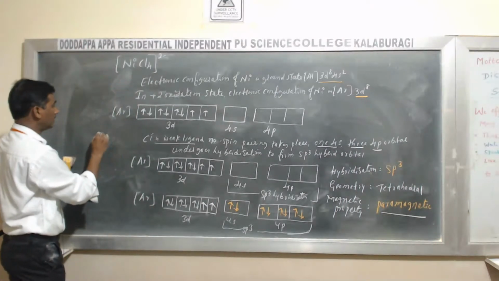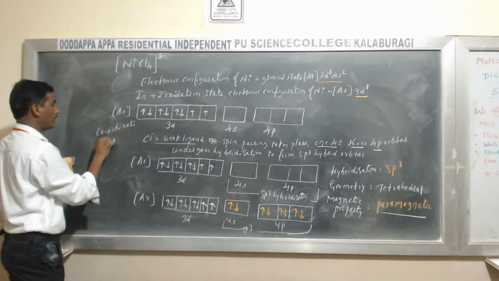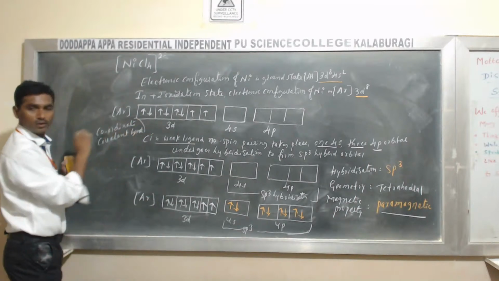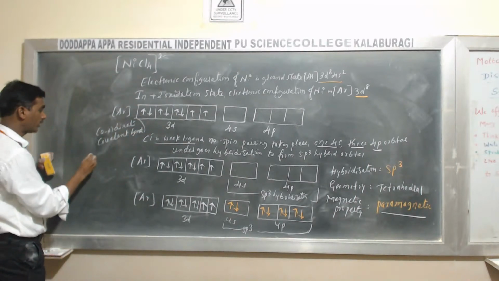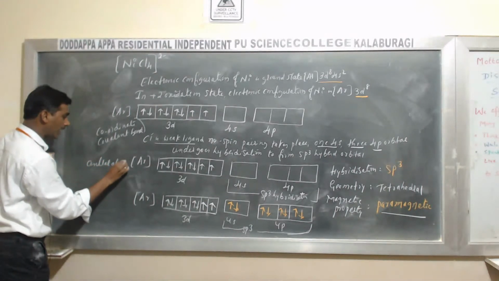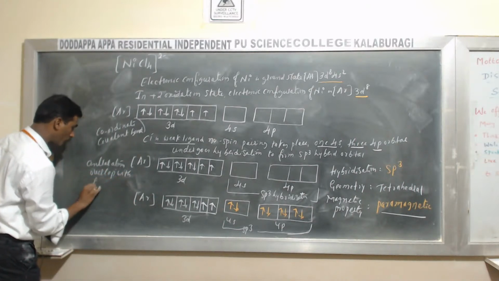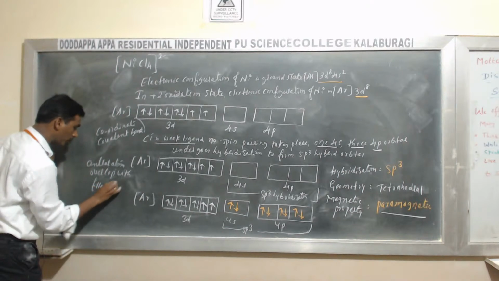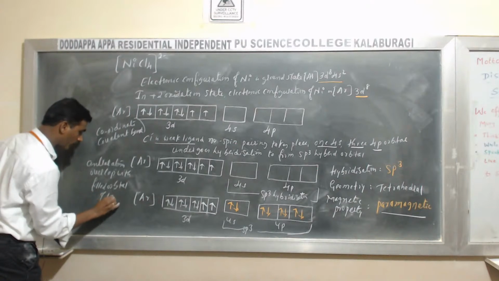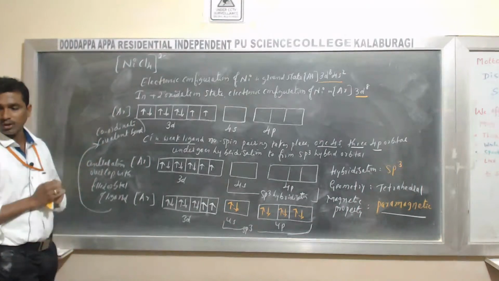The central atom overlaps with the filled orbital of the ligand, so it gives a coordinate covalent bond.